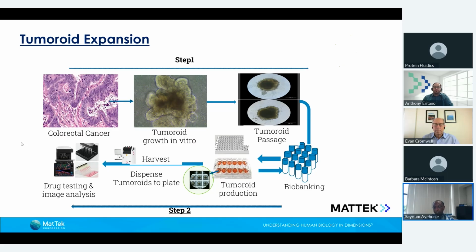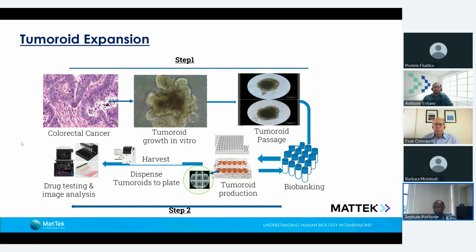You can generate them within about 13 days. You can get up to 10,000 organoids from one vial of cells. Or if you use a 6-well plate, we can generate up to 20,000 organoids.